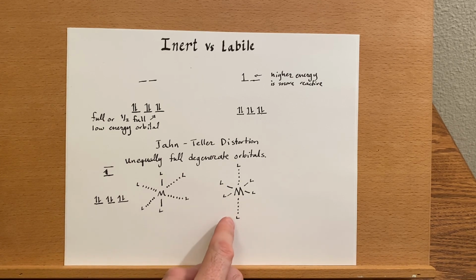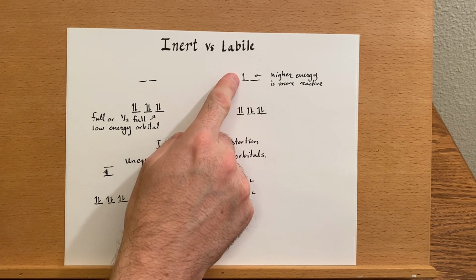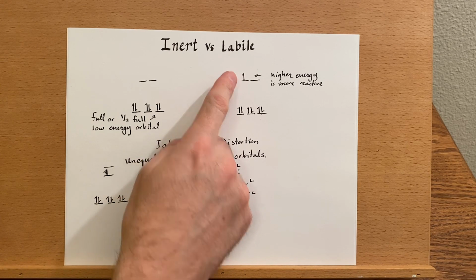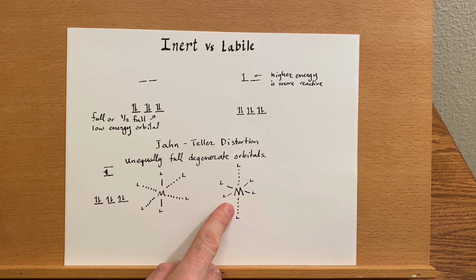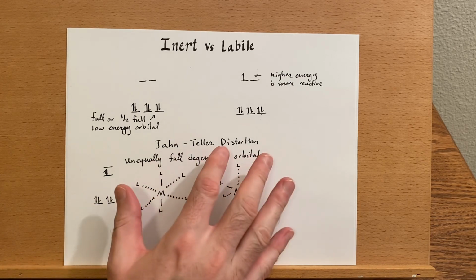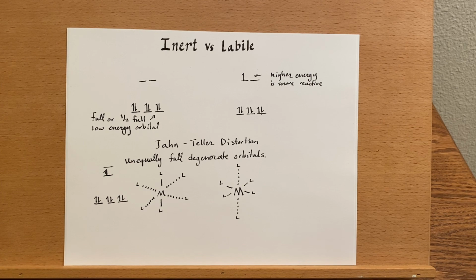But the lengthening of some of these bonds does allow a little bit easier substitution. So not only do we have a reactive electron here, but we also have a bond that's a little bit longer due to this Jahn-Teller distortion effect. And when you combine these two effects together, it makes the complex much more reactive, much easier to substitute the identity of one of these ligands.